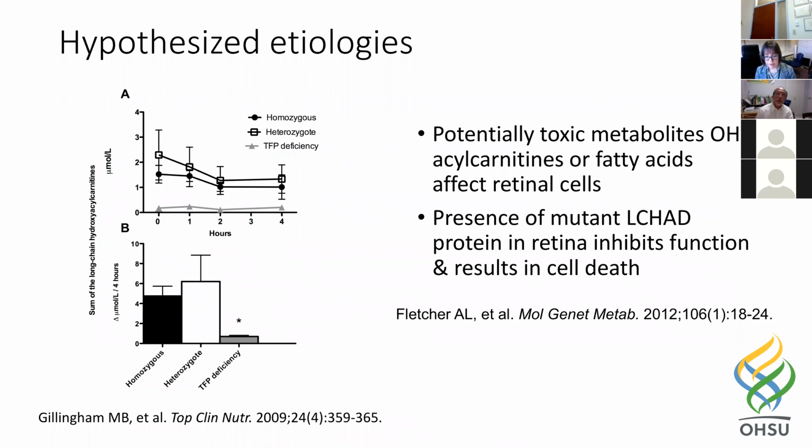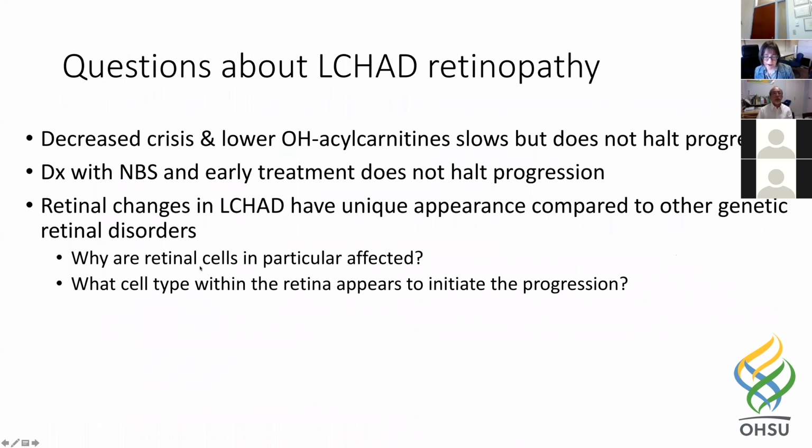So perhaps it's associated with that common mutation, but maybe that's related to the production of these potentially toxic metabolites. We still don't have any direct evidence that it's the hydroxyacylcarnitines that is damaging the retina. We're trying to get that direct evidence.